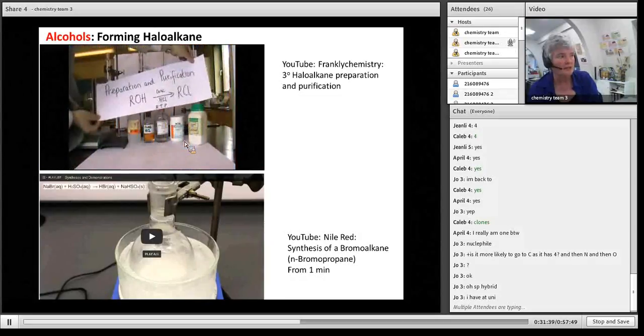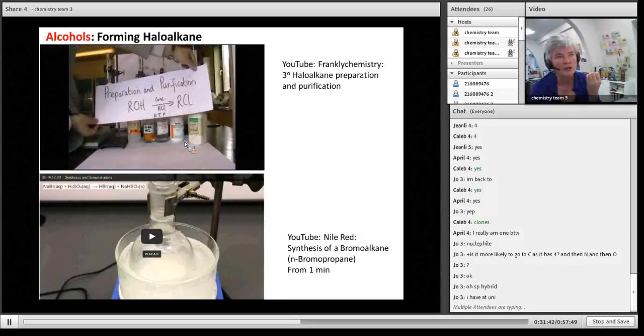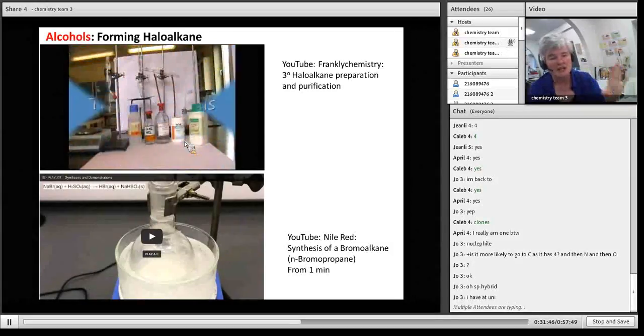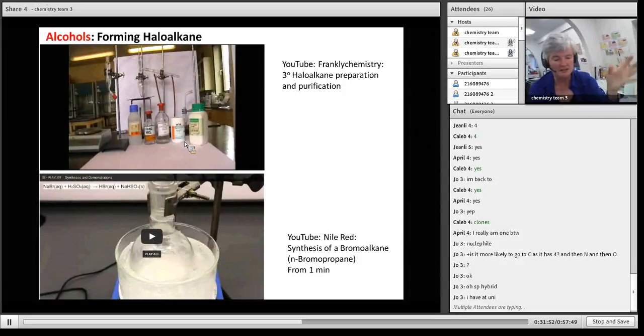And sometimes in an exam I've seen saying this is being synthesized, and then in the workup the student does this and this and this and this, and then they'll say, what's the reason for adding this? What's the reason for doing that?